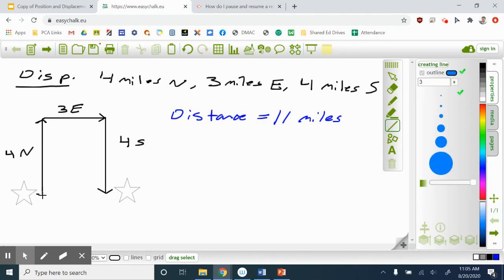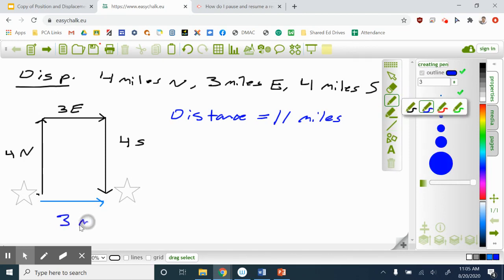If we started here and ended here, our displacement vector, remember vectors, would be this here. And it would be a total displacement of 3 miles in the east direction. That's our displacement vector.